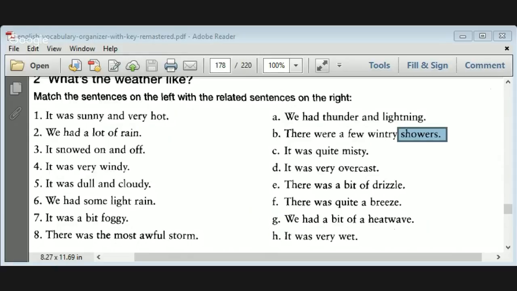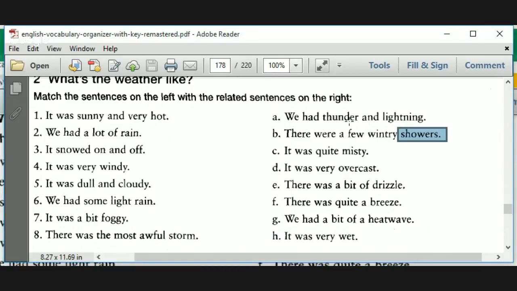It's widely separated areas of snow. The same thing with rain, we usually say showers. We don't usually refer to snow as showers. We refer to it as flurries. So wintry showers would definitely be more British.